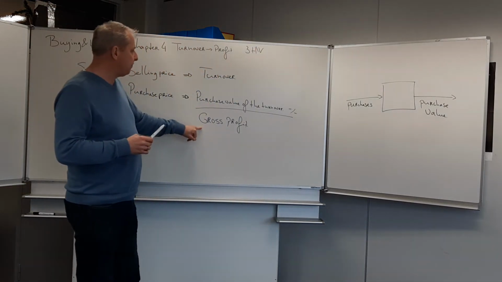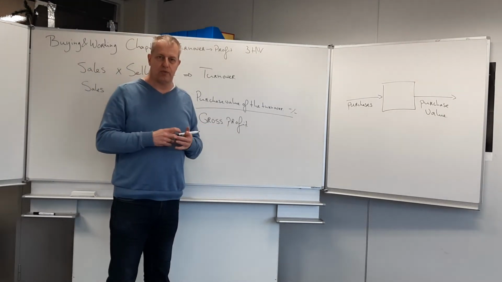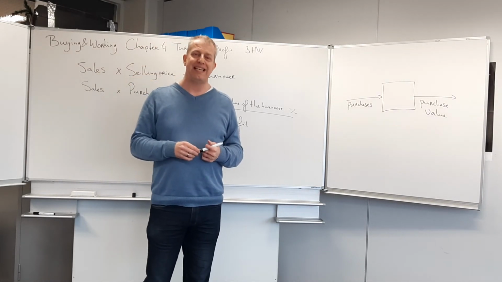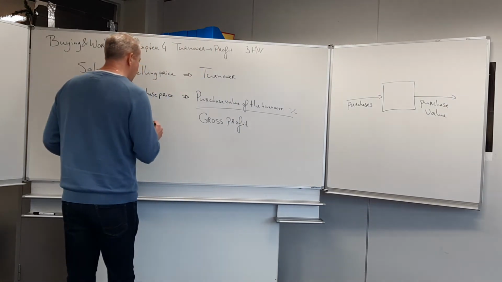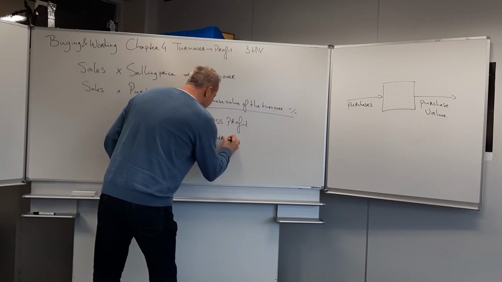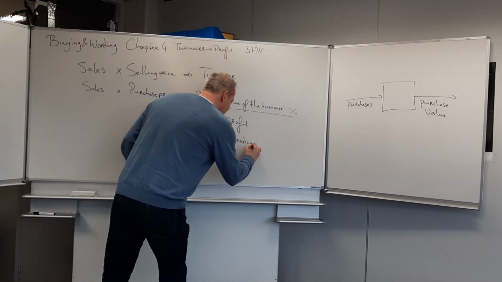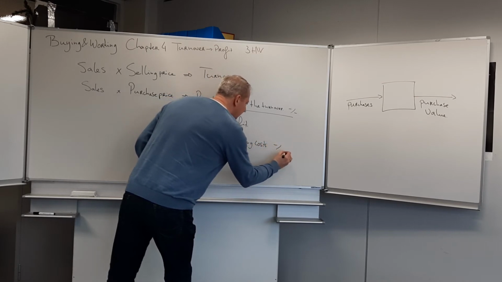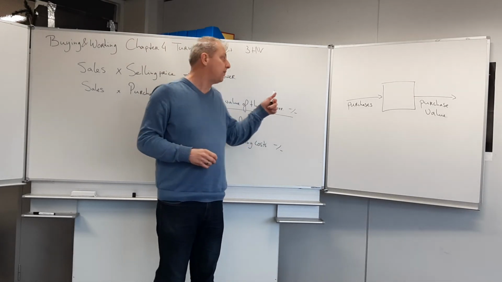You can imagine this is not the end profit, so to speak, because if you have your own company, like Manuel does in the book, he has some other costs as well. We call that the so-called other operating costs. Those are all the other costs besides your purchase value.